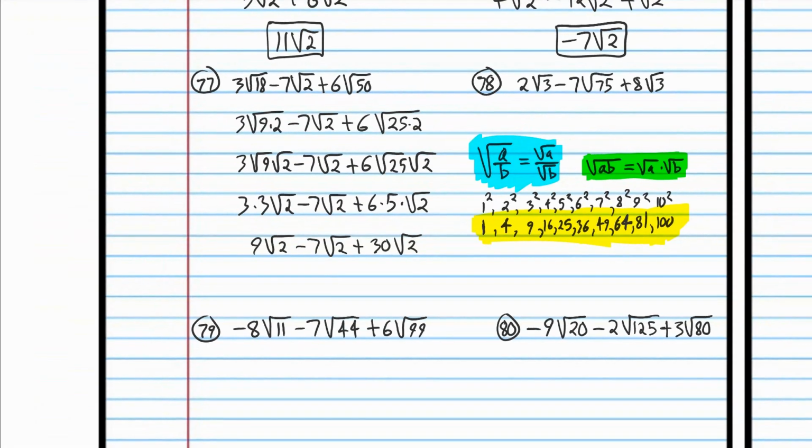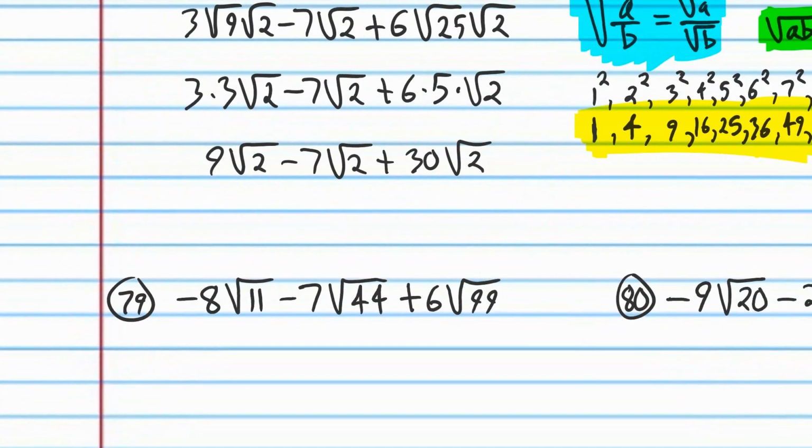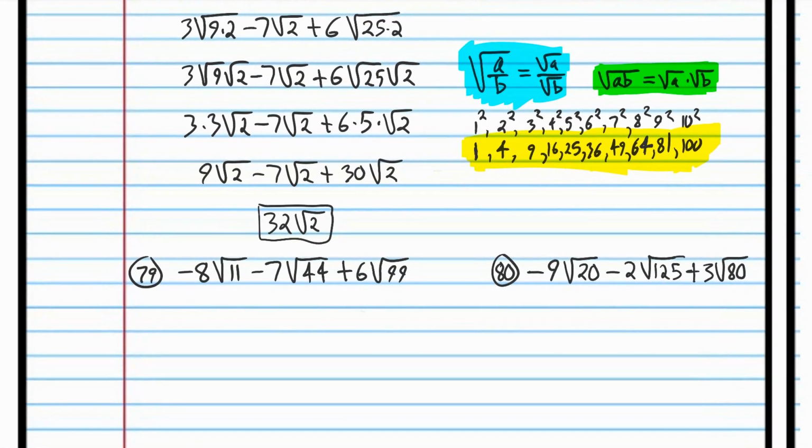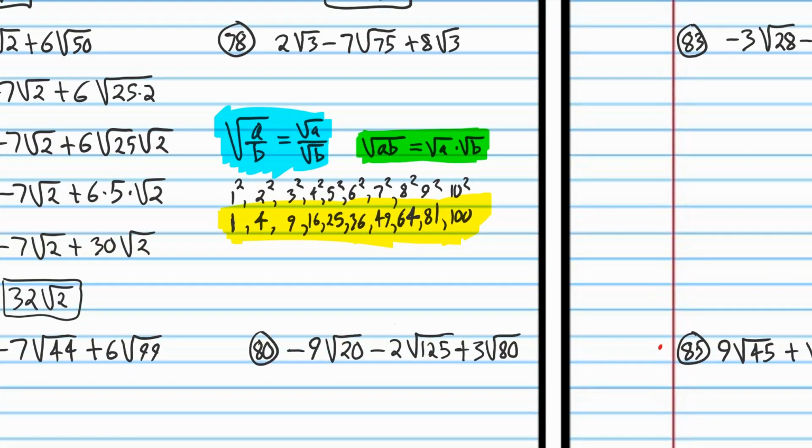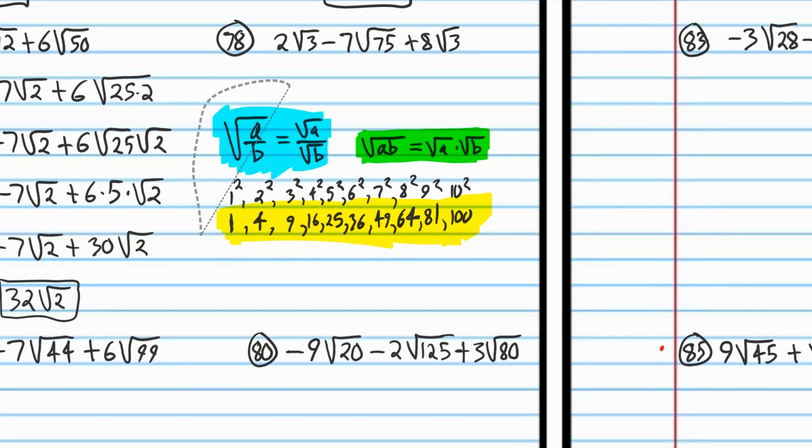So now we have root 2 terms. And we're ready to go ahead and combine. 9 minus 7 is 2. 2 plus 30 is 32. So we have 32 root 2. So if you got 32 root 2, good job. All right, try number 78. And when you come back, we'll do it together.